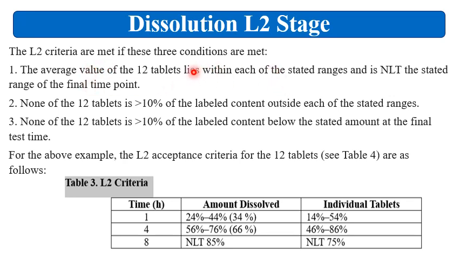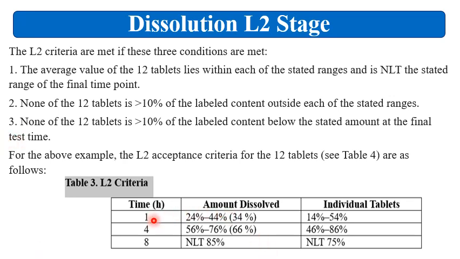Then second is none of the 12 tablets is less than 10% of the label content outside each of the stated range, and none of the 12 tablets is higher than 10% of the label content below the stated amount at the final test time. So a 10% criteria is given here for the individual tablets for the range.